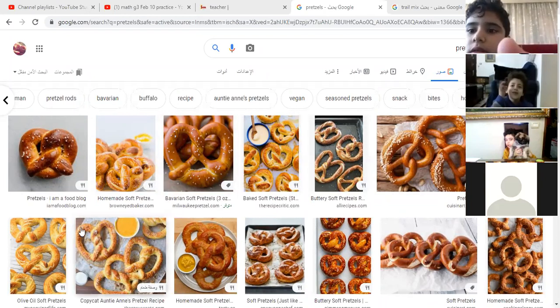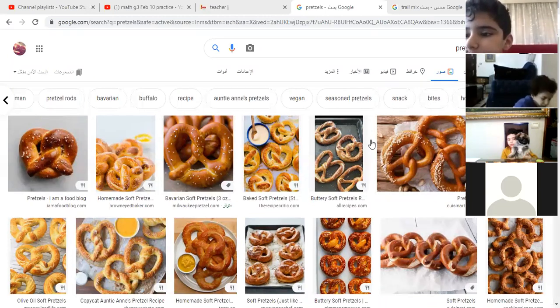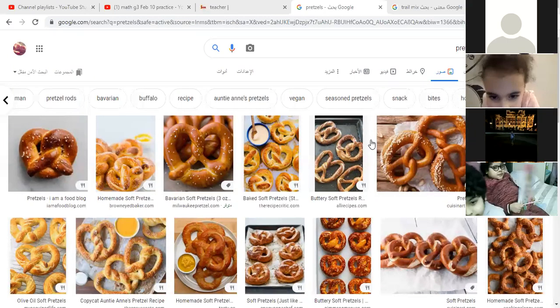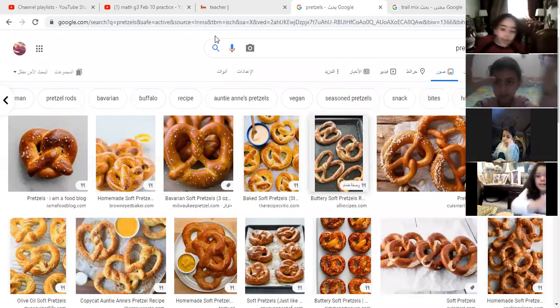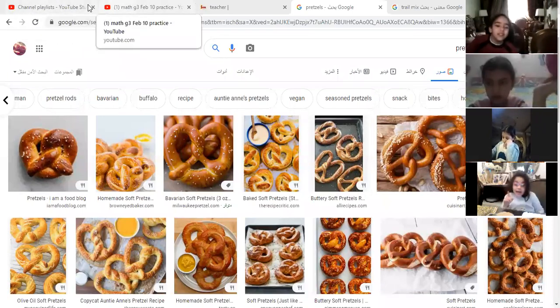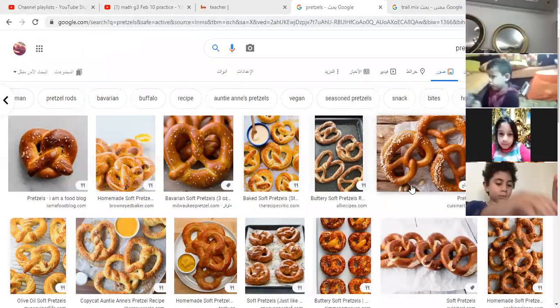These are like bread but salty. It was very salty. I think I ate it with cheese. It's like bread but salty. Yummy.